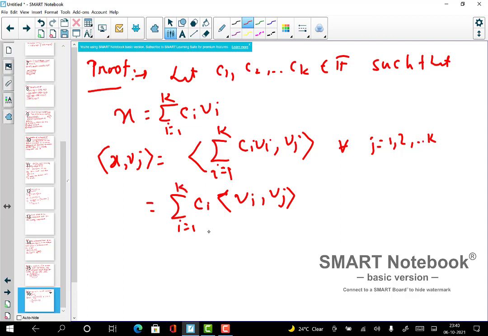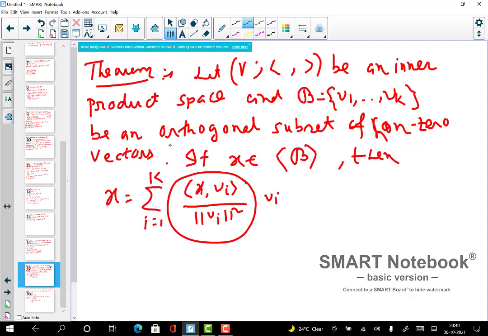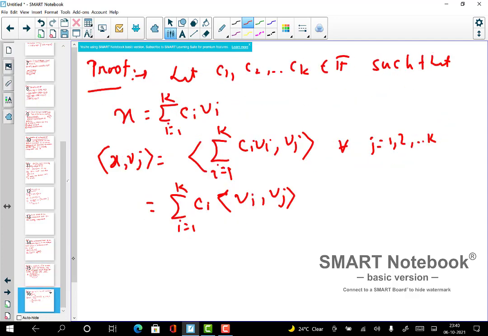Because this is an orthogonal subset, only when i equals j does the term survive, otherwise it is 0.